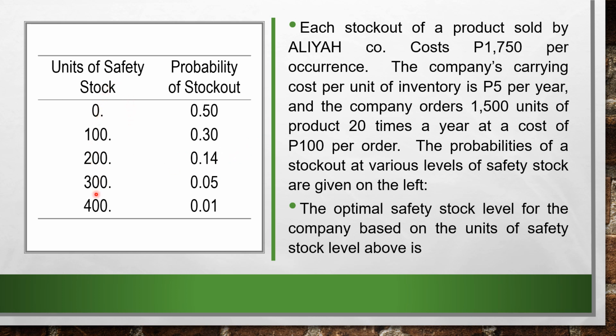And if we have 300, 5%. And if you have 400, 1%. So of course, you can see the probability is decreasing as we increase our units of safety stock. So the question is, what is the optimal safety stock level for the company?